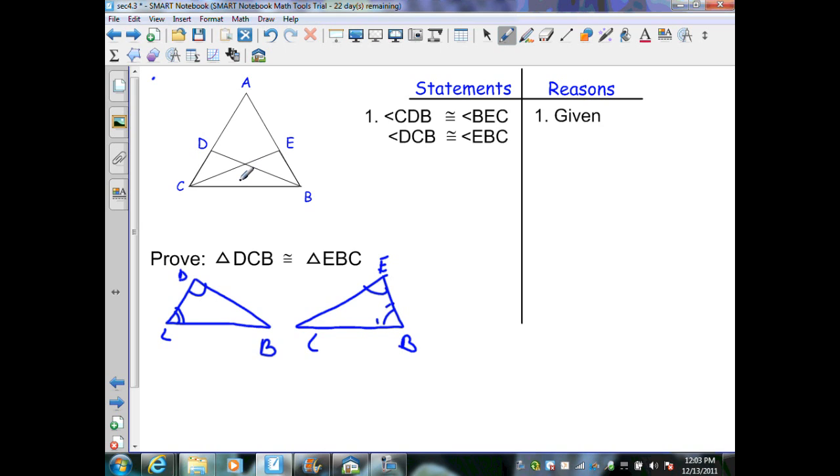I know that segment CB is congruent to itself by the reflexive property. You can see by the diagram when I separated them, segment CB is in both diagrams. Therefore, I can state that segment CB is congruent to segment CB because of the reflexive property.